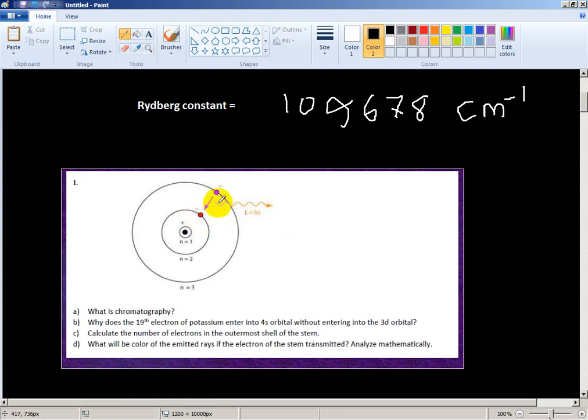So where is in and where is out? If you don't say, you will be unable to do this problem. What is N1?